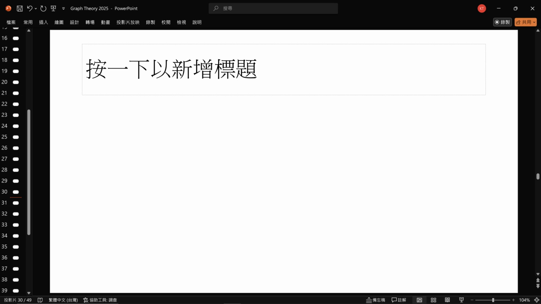So if D prime is graphical, then D is graphical.